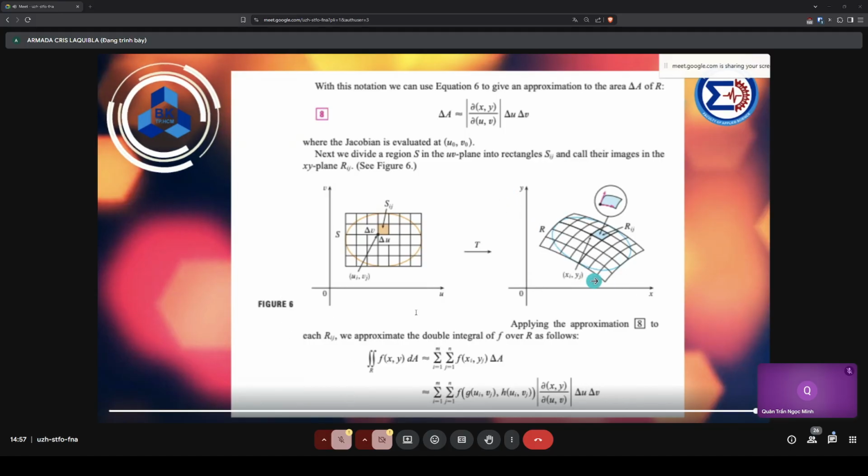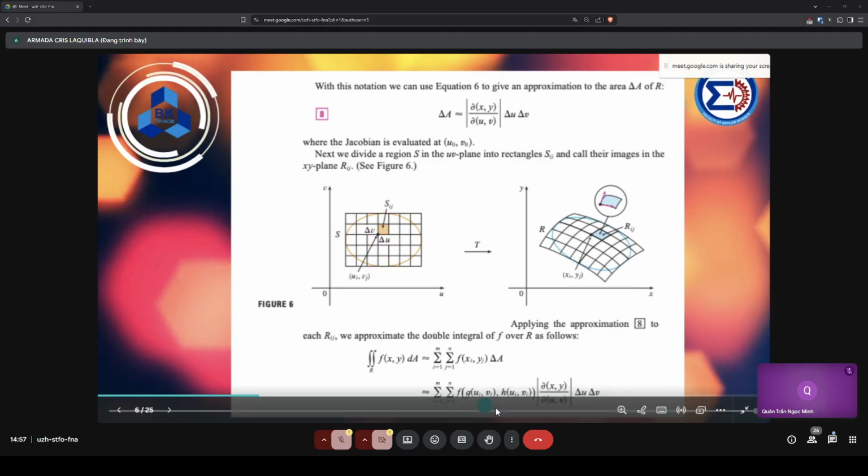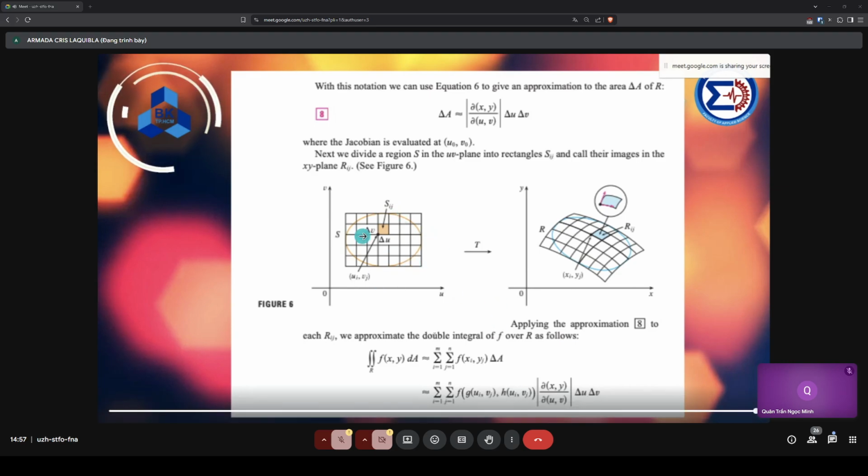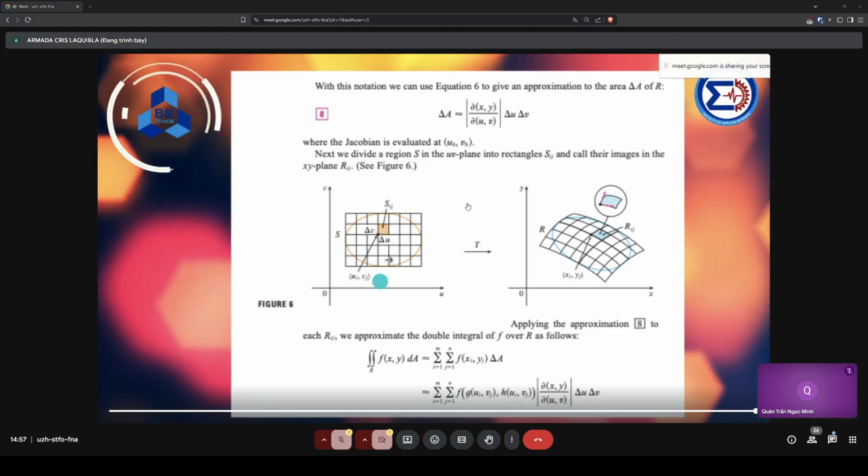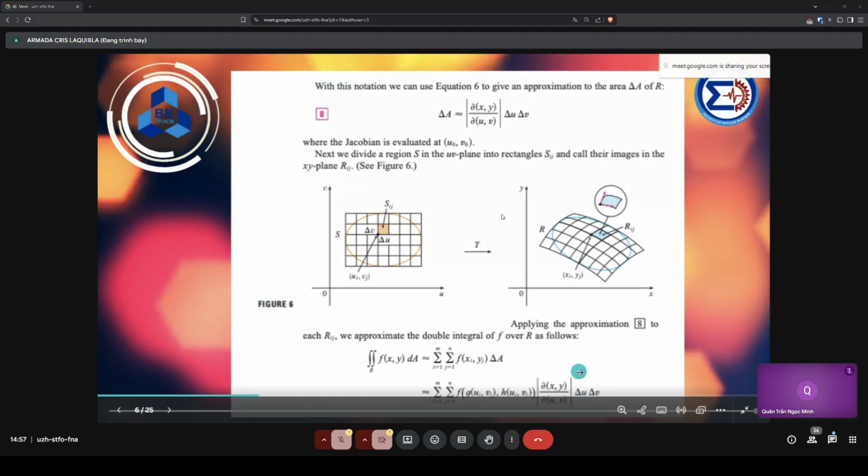Okay, so what to do? We replace everything by u and v, and we are going to get the double integral with respect to the region S. And then we have delta u and delta v.